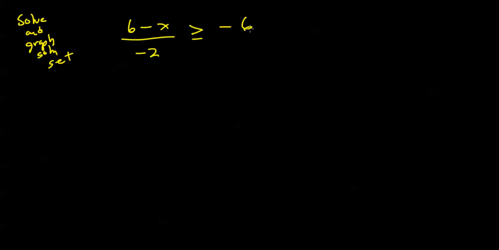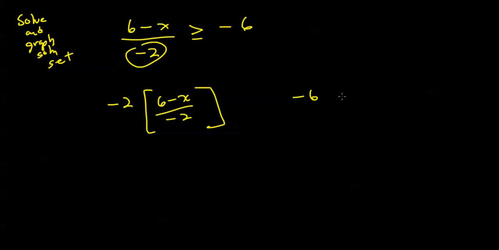Alright, I want to isolate x on one side of the inequality statement, and I do that by doing algebra things to both sides of the inequality statement. Here, I see a denominator of minus 2. The first thing I'm going to want to do is multiply both sides of this equation by minus 2.